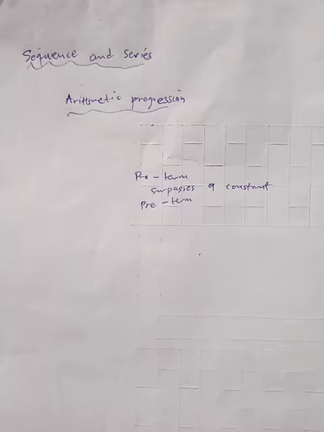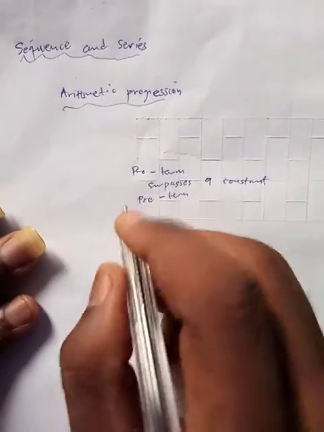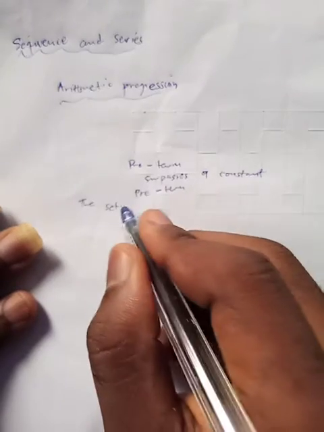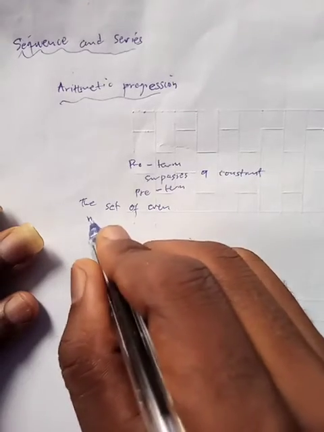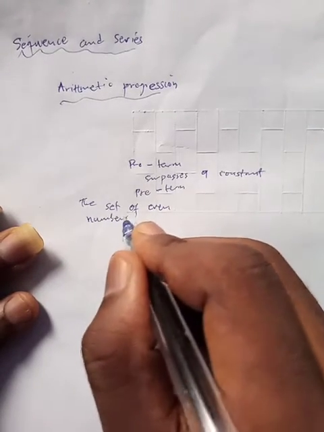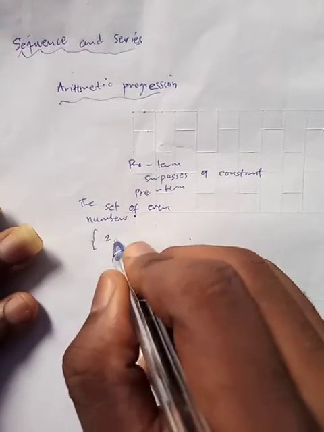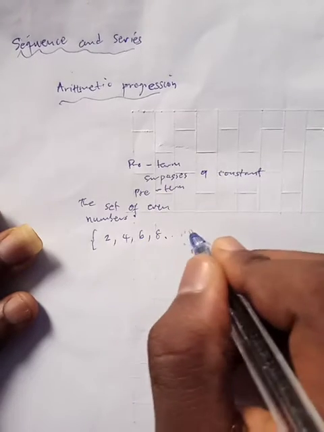So let's move on. A typical example of those sequences is the set of even numbers. That is 2, 4, 6, 8, and so on.